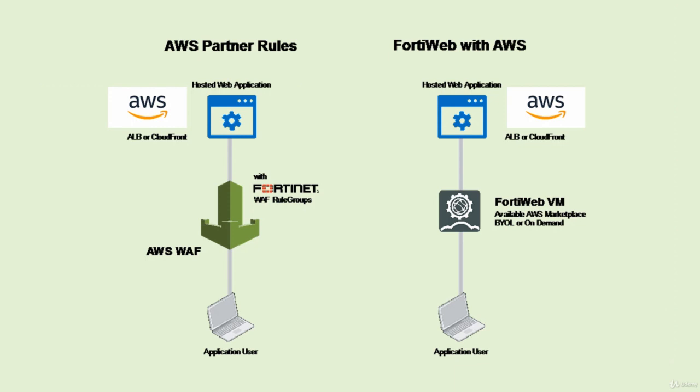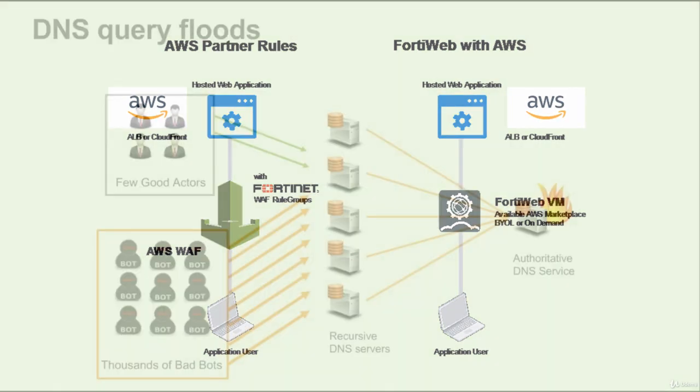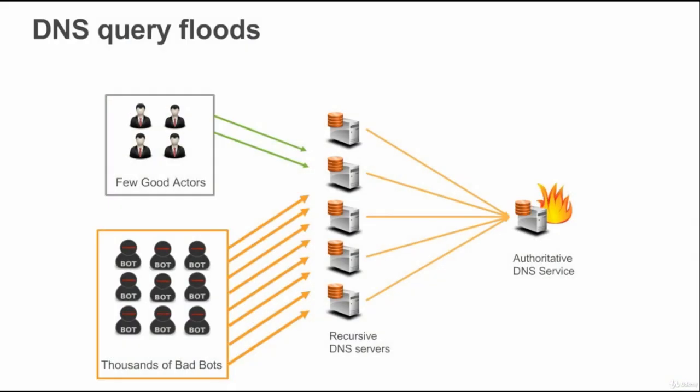You could add AWS partner rules, or with Fortinet, you could get FortiWeb. You could also protect your system from DNS query floods, where a few good actors are outnumbered by thousands of bad bots. You could remove those bad bots or distributed denial of service attacks.